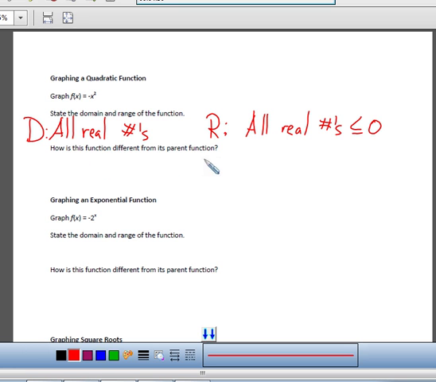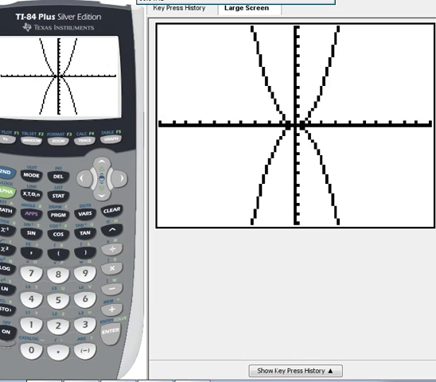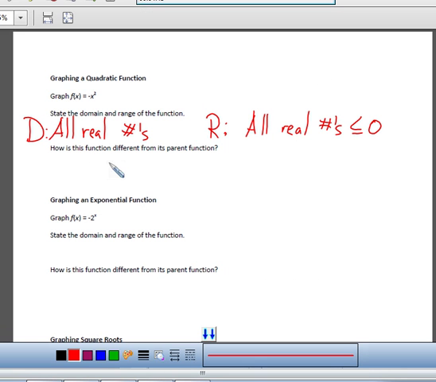So how is the function different from the parent function? Let me just pop this up here again. Okay. The graph of the function is reflected over the x-axis.